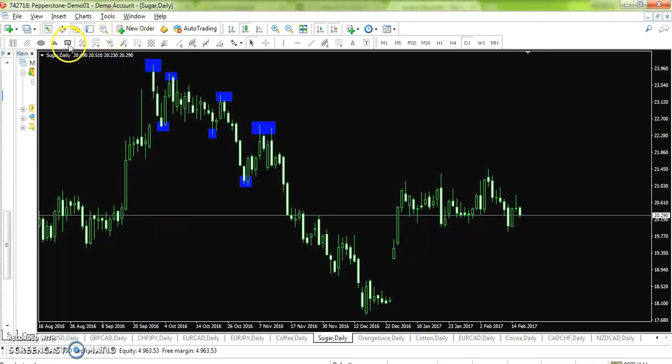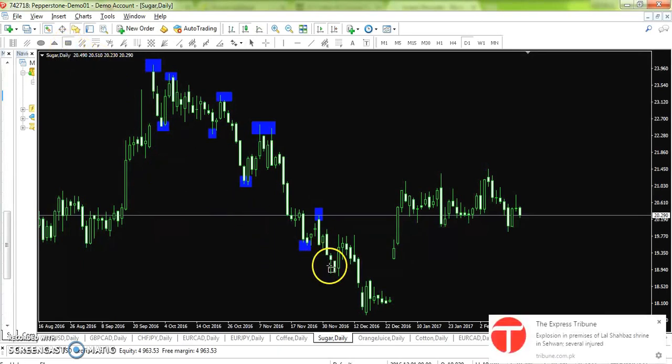After this was the lower low, and this was the lower high. It's very simple stuff to understand.